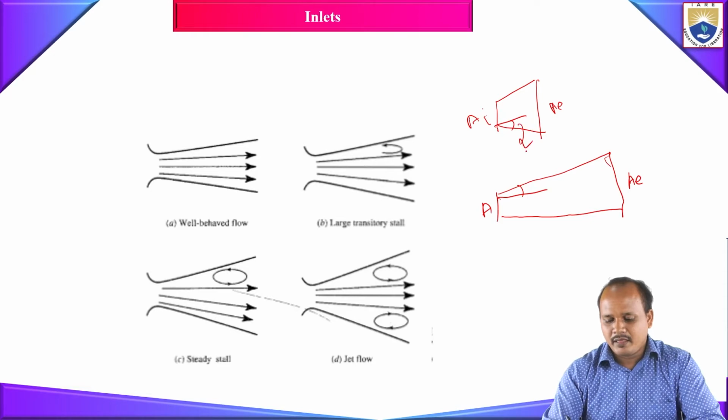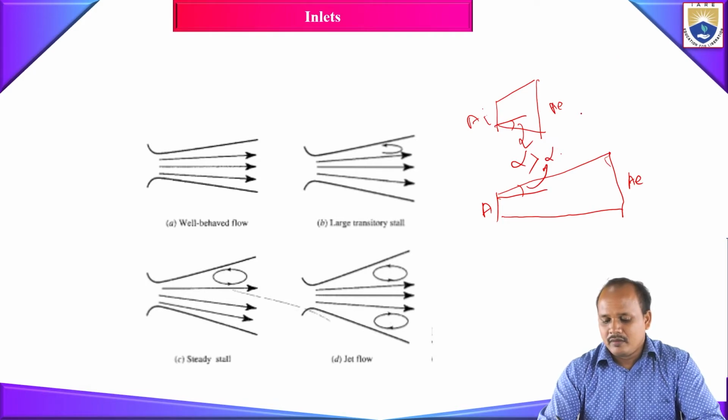You see, the angle here is much greater than the angle here, right? The area ratio is the same, but the angle is very high in this case. That is, if you have a very short intake, what is going to happen for the given area ratio? Your angle is going to be very high. So if the angle is very high, what is going to happen?